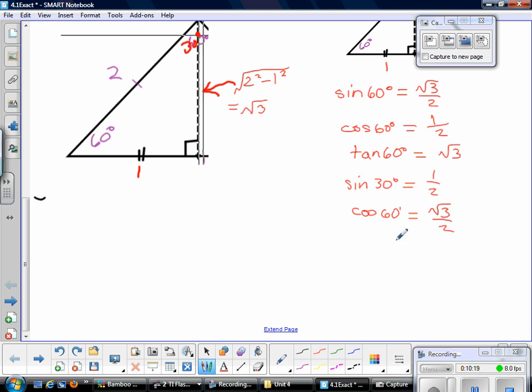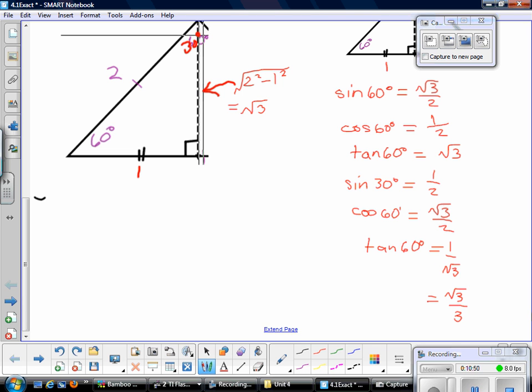And finally, the tan of 30 is going to be the opposite over the adjacent, which is 1 over root 3. Just like when we did the 45, we don't like the root 3 on the bottom, so we multiply top and bottom by root 3, and we end up with root 3 over 3. Okay, so those are the exact values.